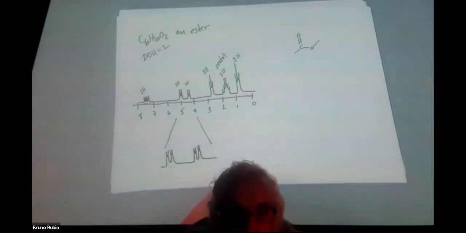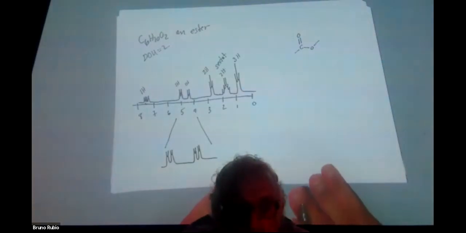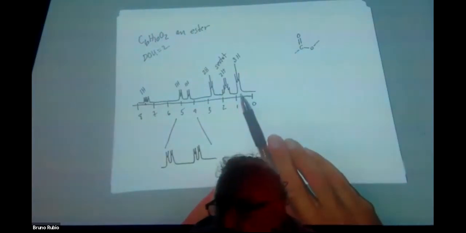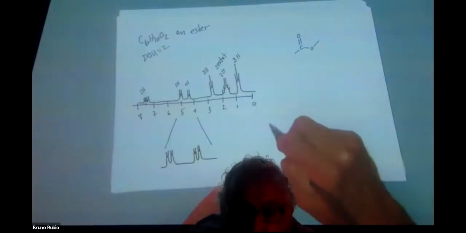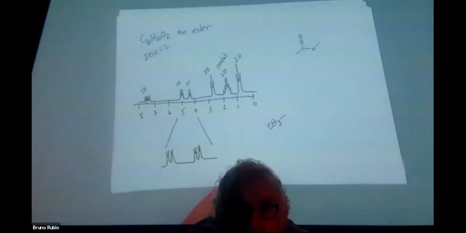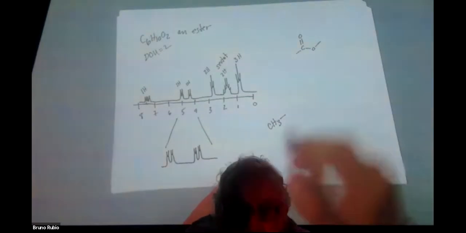Okay. All right, so with that out of the way, now we can proceed to solve the structure. Let's try the most upfield signal first. It's a CH3. What does that mean? That means a methyl group. It doesn't have to, but that's the simplest explanation. It's split into a triplet. So what does that mean about who the neighbor is?